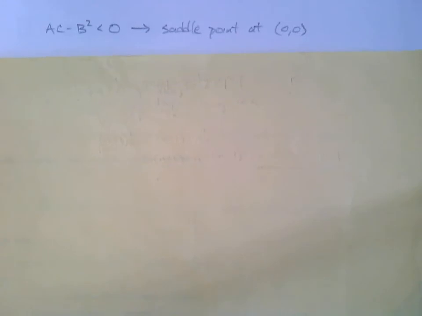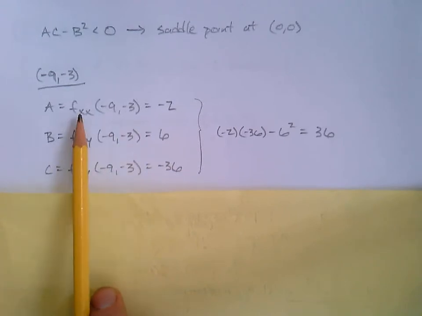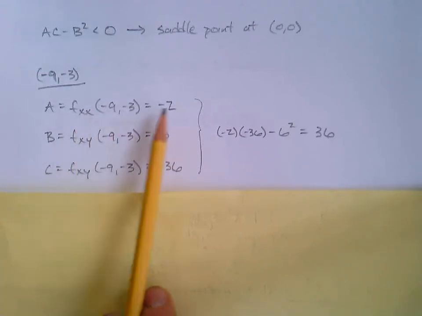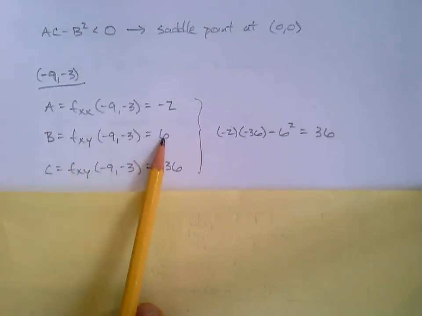Now we need to do the same thing for the other critical number, -9, -3. So we will plug in -9, -3 into that fxx. Of course, that's just going to give us -2. We'll plug it into fxy. Well, that's just going to be 6.